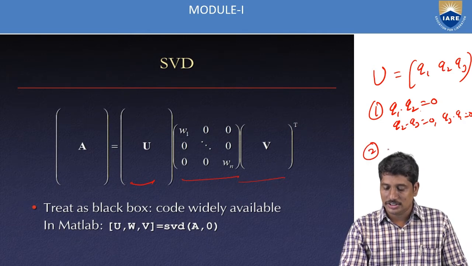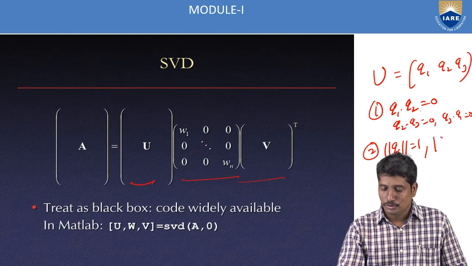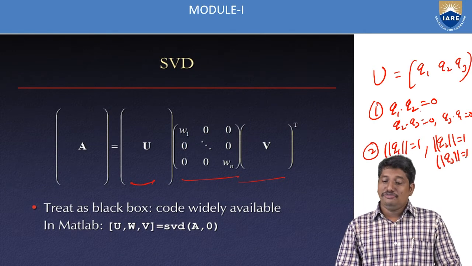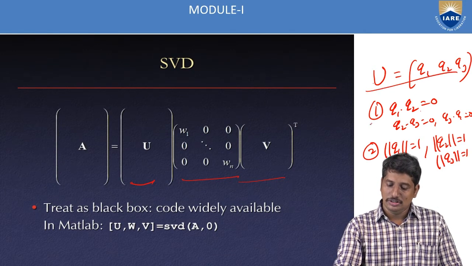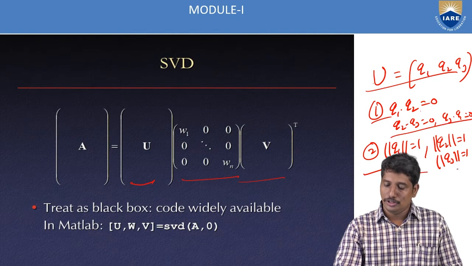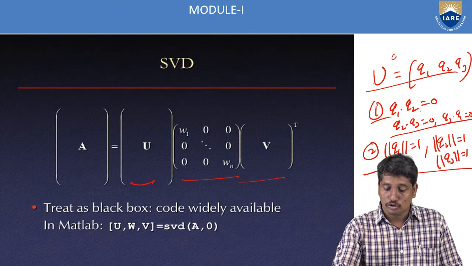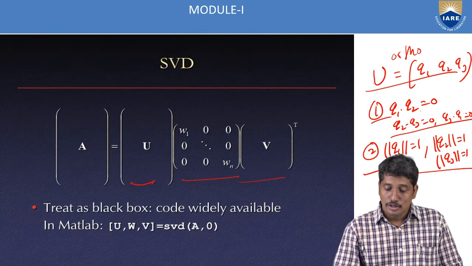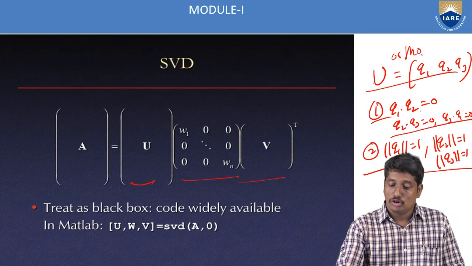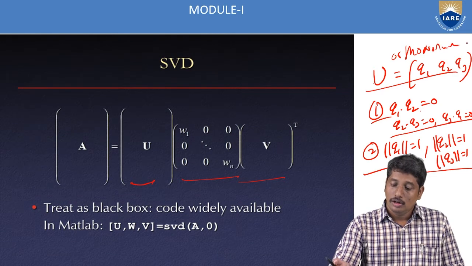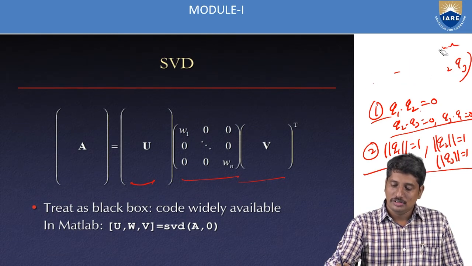The second condition is norm Q1 is 1, norm Q2 is 1, and norm Q3 is 1. If the matrix U satisfies these two conditions, orthogonality and unit normality, then that matrix is called an orthonormal matrix.